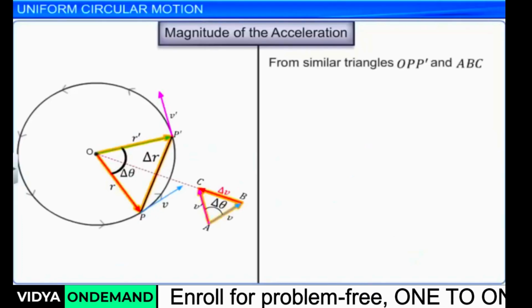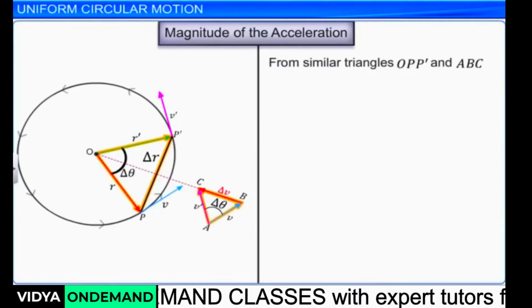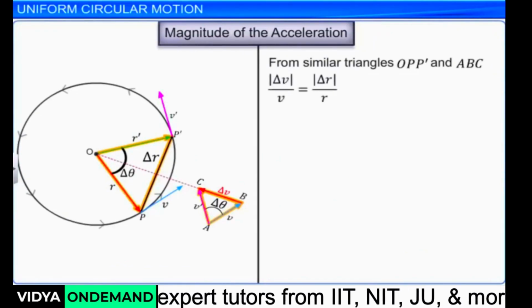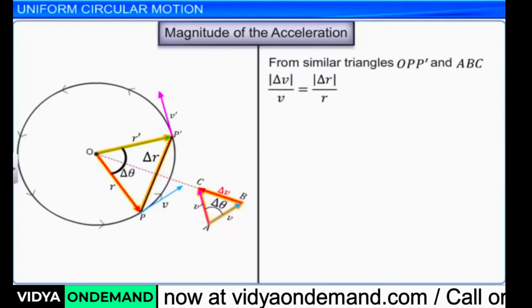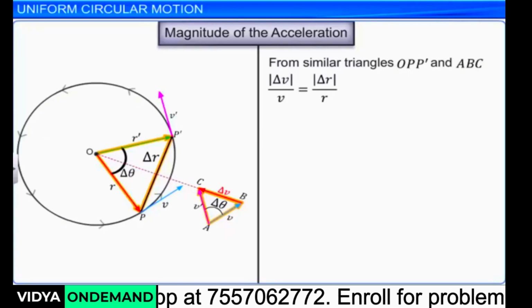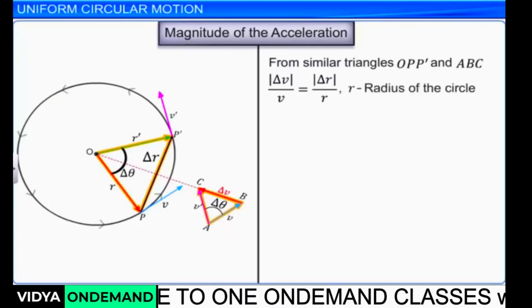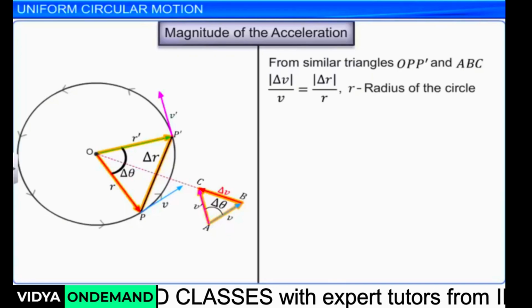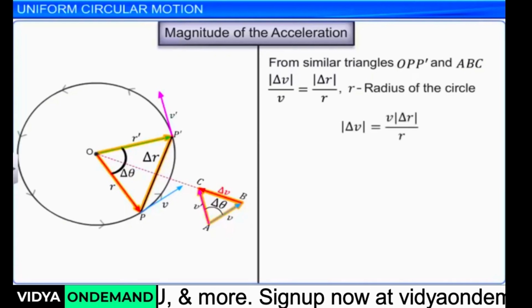From these similar triangles, we can write magnitude of delta V by V is equal to magnitude of delta R by R, where R is the radius of the circle. This can be written as magnitude of delta V is equal to V into magnitude of delta R by R.